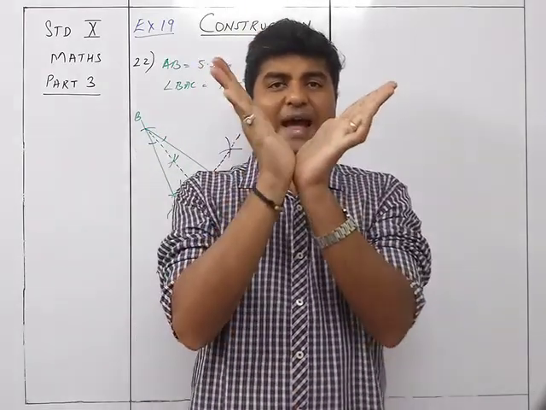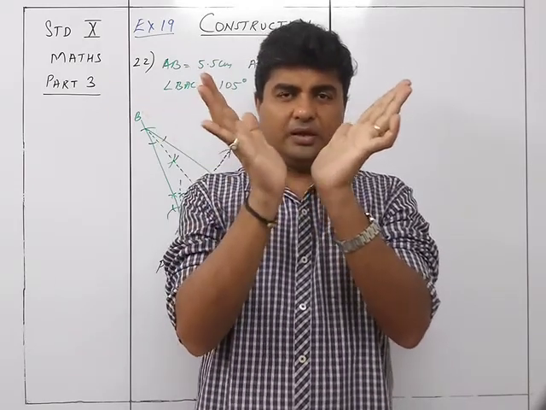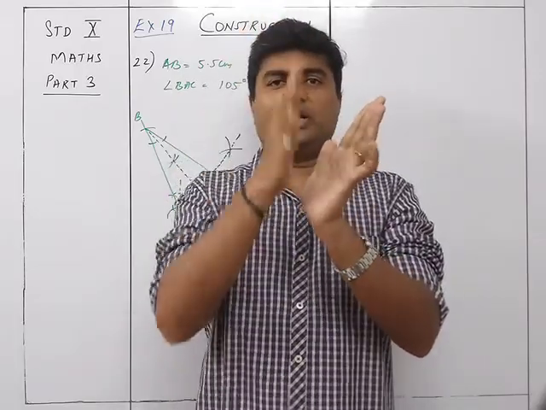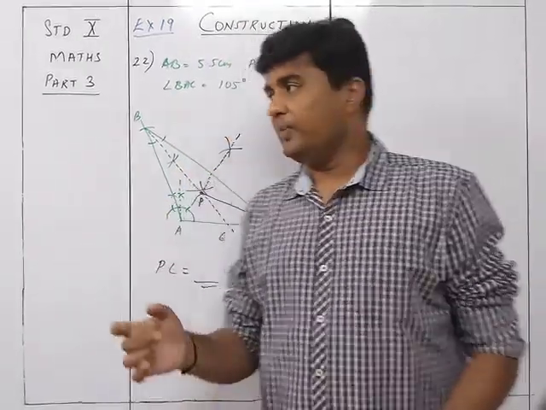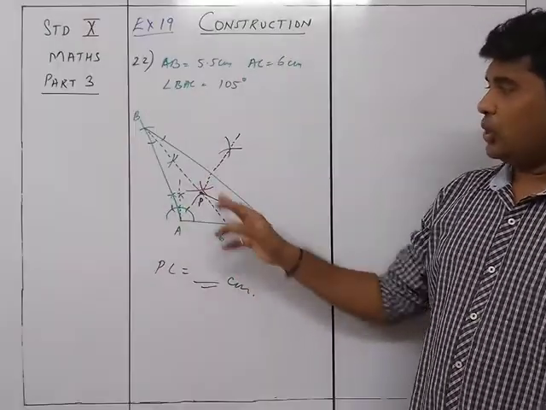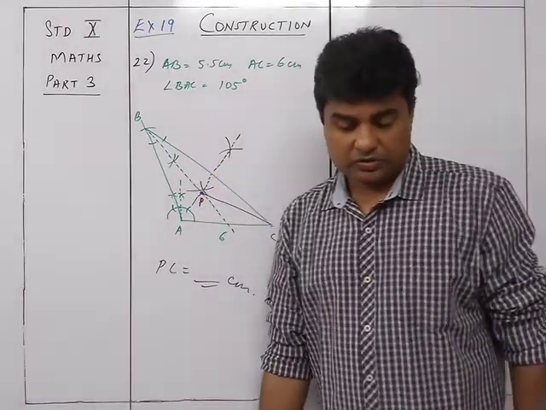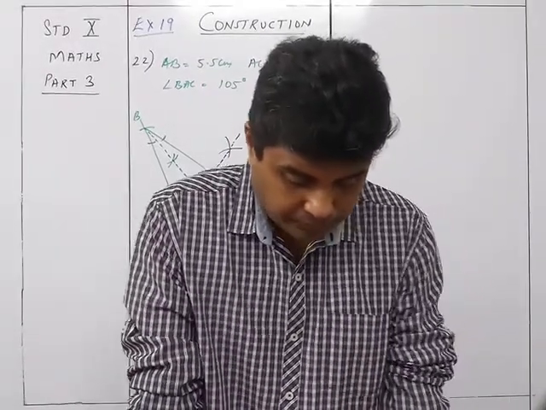If I got 2 lines, AB and BC, then the angle bisector is the locus of the 2 lines. So that is what we did over here. Locus of AB and BC was the angle bisector, and locus of B and C was the perpendicular bisector of BC. Okay, so that is about the locus part of the construction.